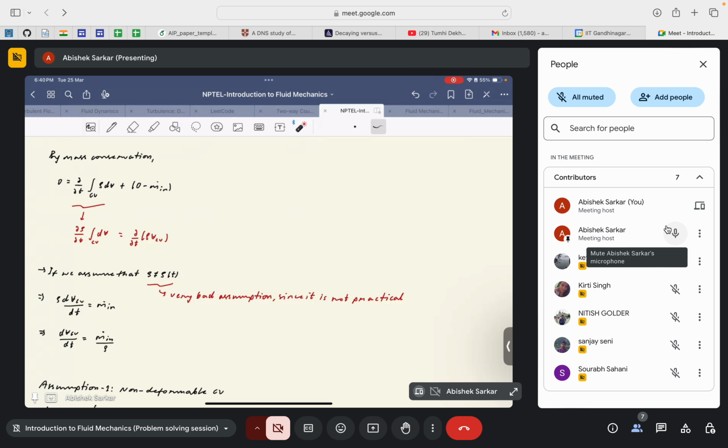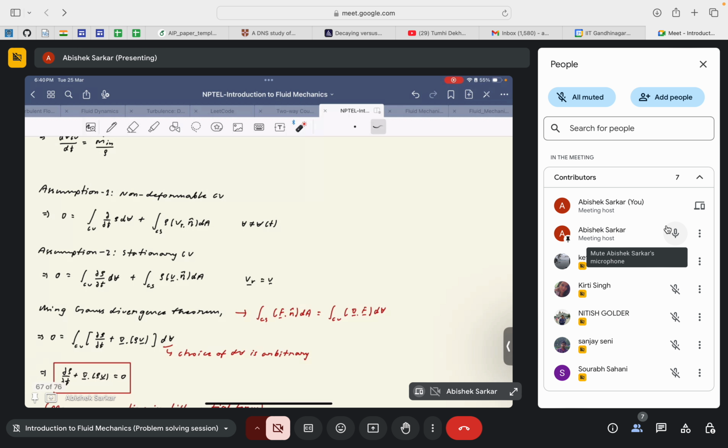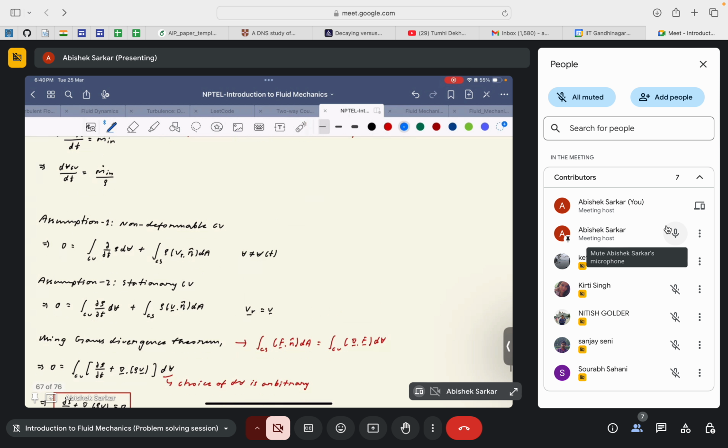So with that overview, let us now take some assumptions and see how we can simplify our analysis. Let me again write the generic form of mass conservation for your reference.